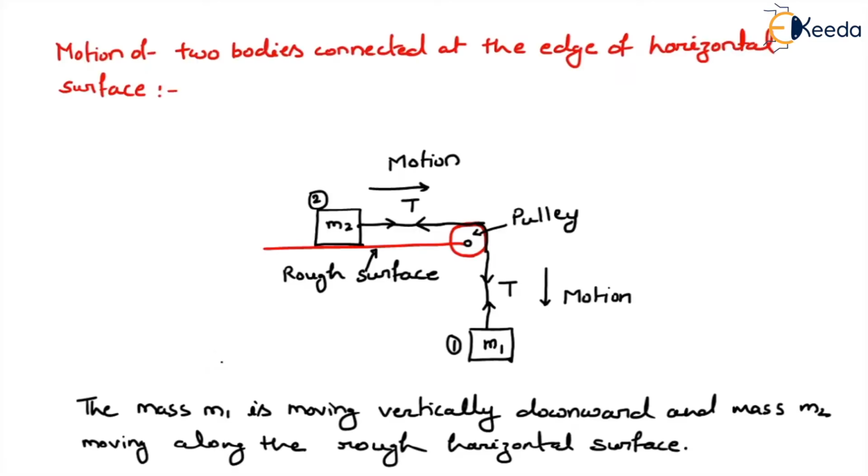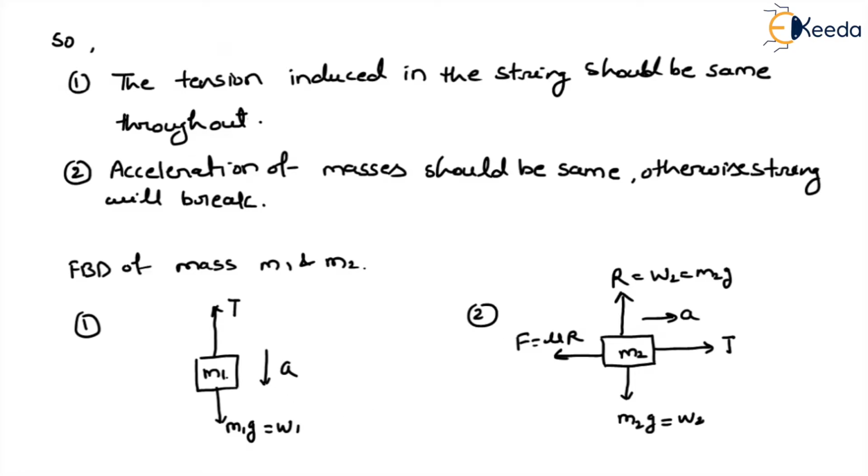As per this diagram, this mass is subjected to weight, and one end of the string is attached with the mass. When this mass has motion vertically downward, it will create tension in the string. So here we have only two forces: one is the vertically downward weight and the other is the vertically upward tension.